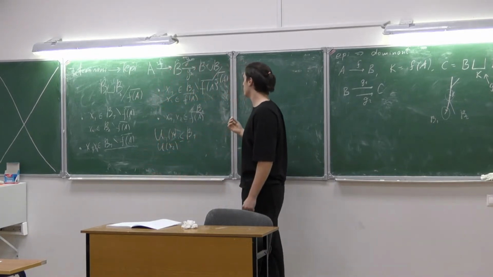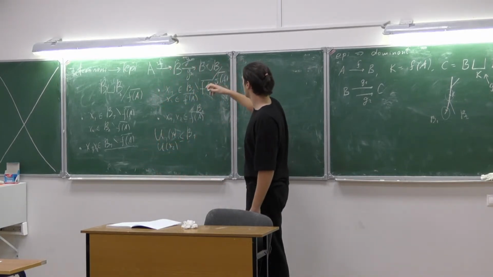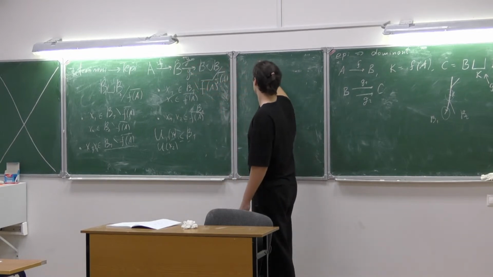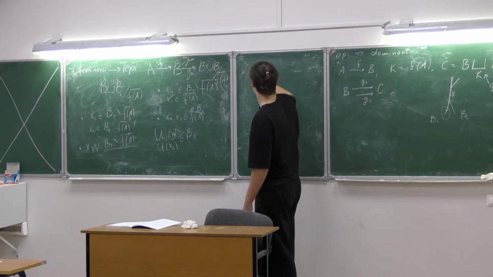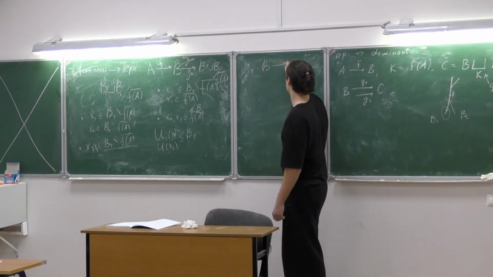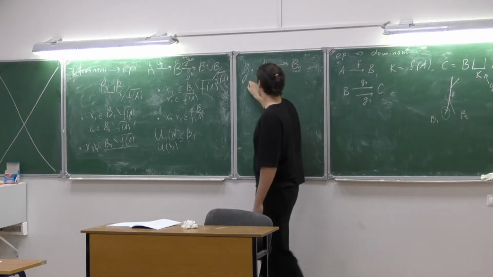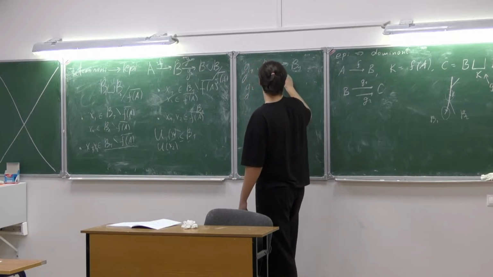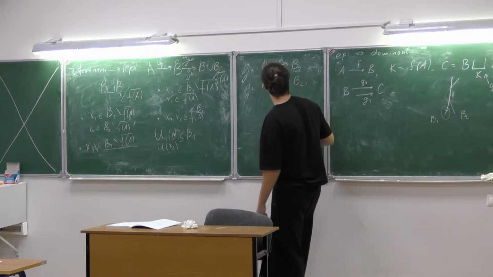That's very simple. We should choose G1 as an identity from B to the first copy, and G2 as an identity to the second copy.